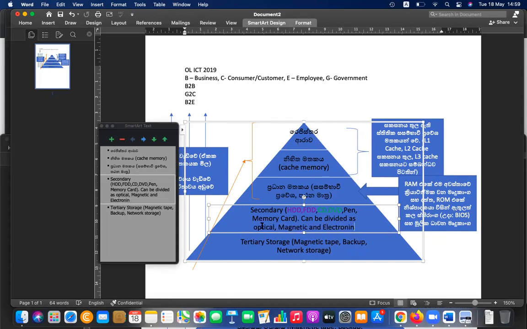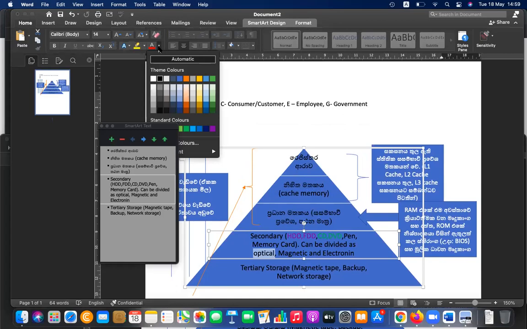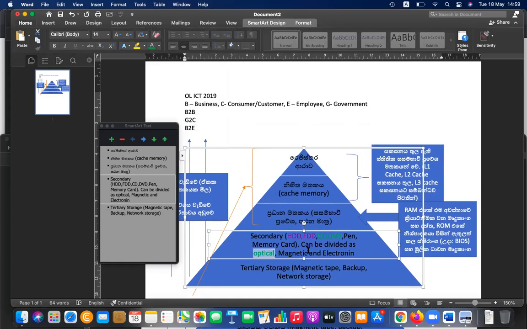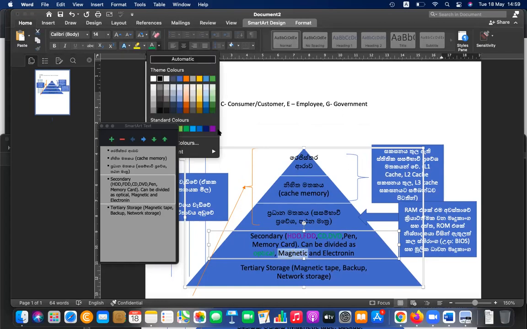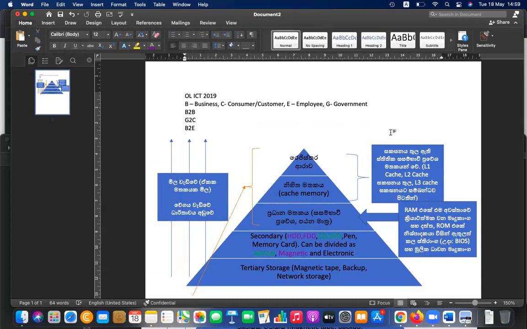The optical ones I have highlighted in green: CD, DVD. Magnetic in purple: hard disk and floppy disk. Electronic in black: pen drive and memory card, those are electronic or solid state.